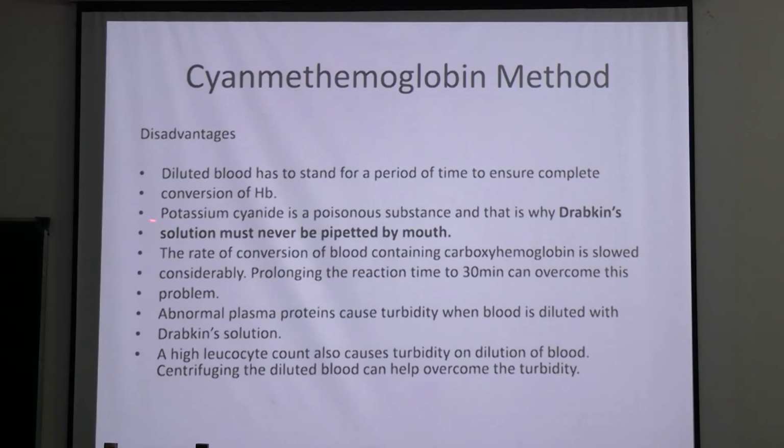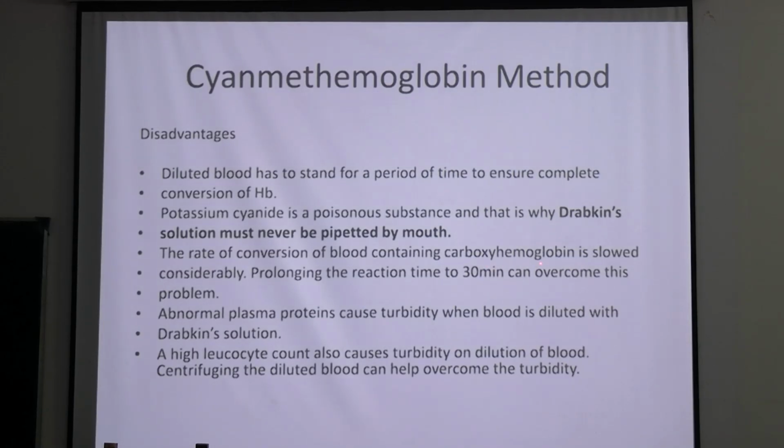The Drabkin contains potassium cyanide. So, Drabkin is a poisonous solution. And you will never pipette by mouth. Okay. You will never pipette Drabkin by mouth. The rate of conversion is slower in blood containing carboxyhemoglobin.